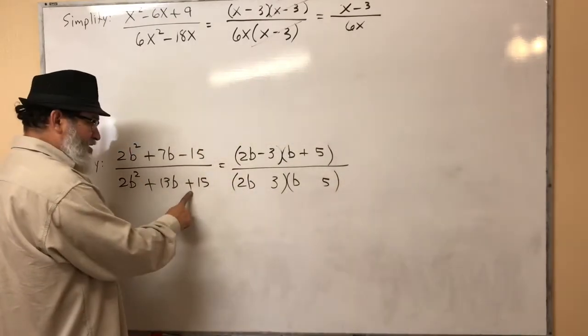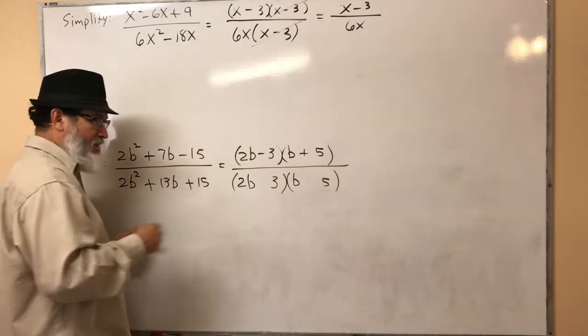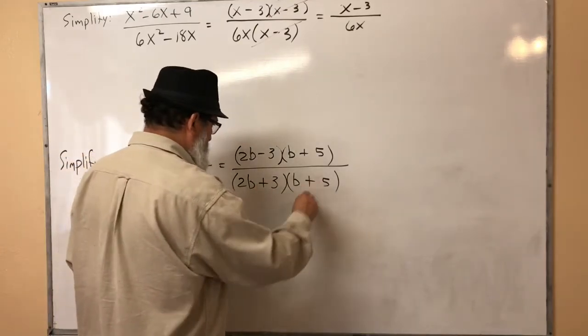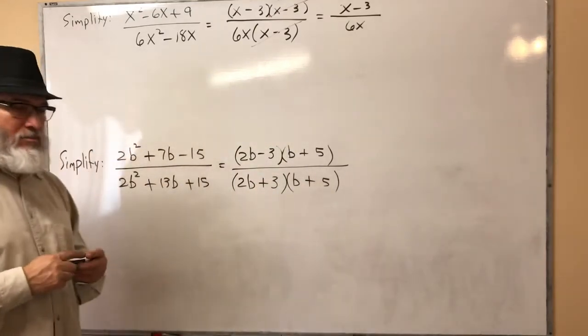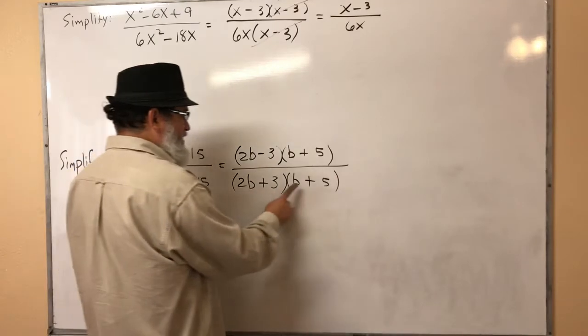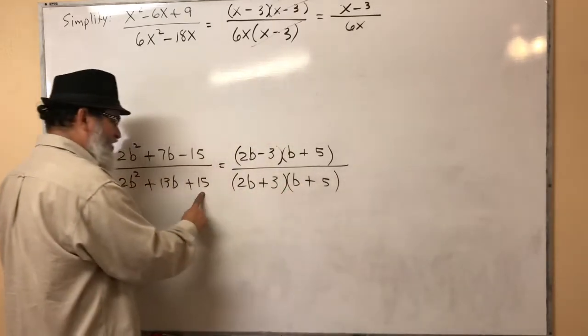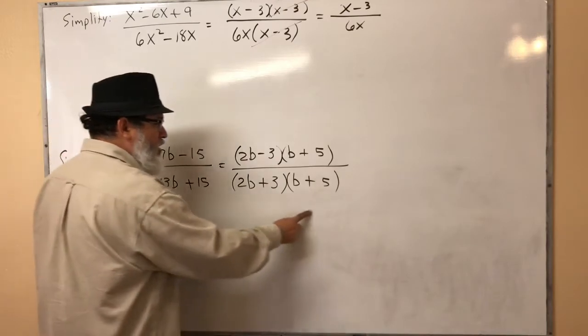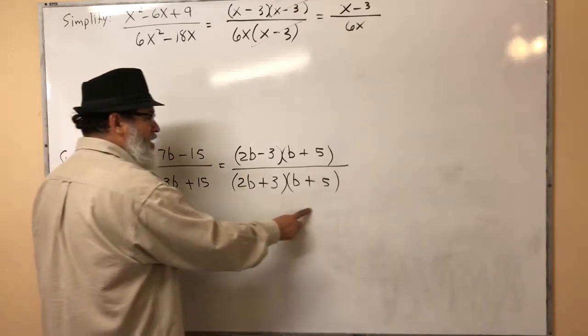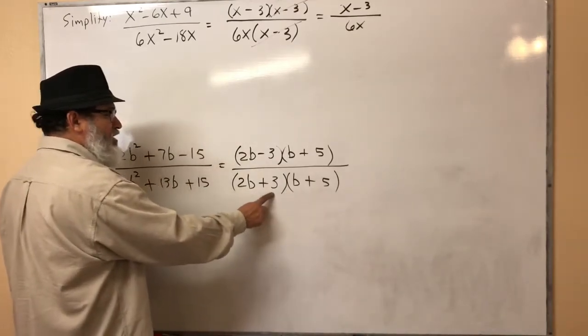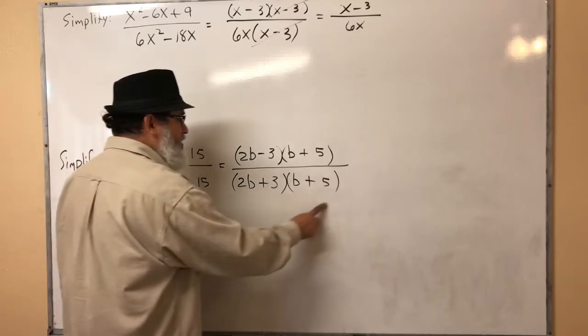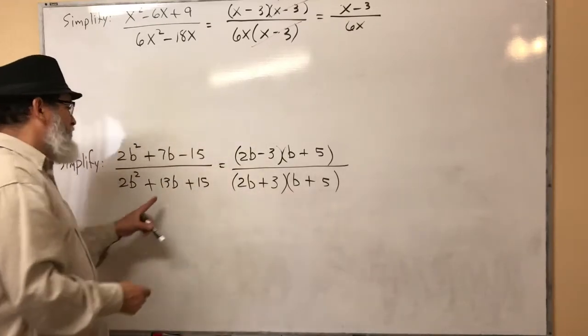Because this is plus, they're both plus. And now I'm going to check. So 2b times b is 2b squared. 3 times 5 is 15. Outer is 10b. Inner is 3b. 10b plus 3b, 13b.